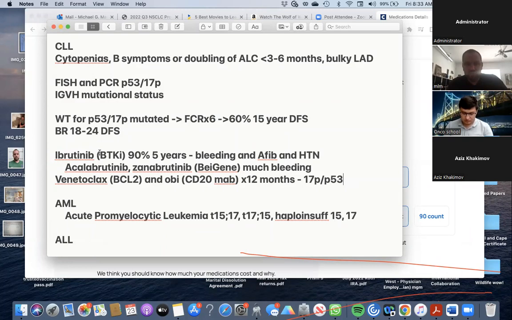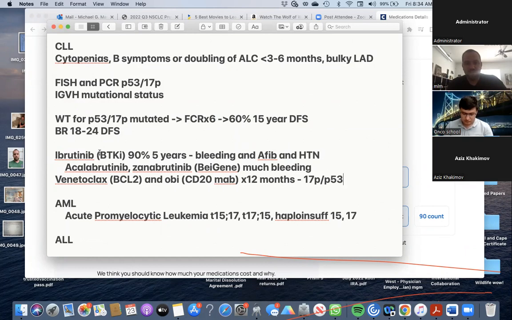And doing that, since these drugs came out probably 5, 6, 7 years ago, I have actually written for chemotherapy once in CLL, and I probably see 2 to 3 CLLs a day. Everyone goes in remission essentially, and everyone stays in remission as long as they take their drugs.